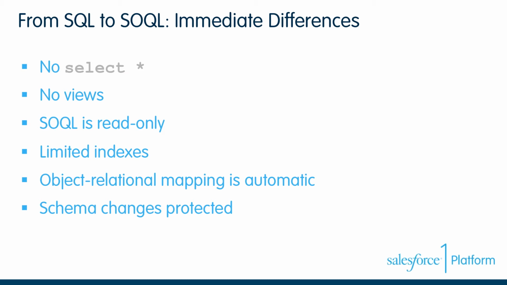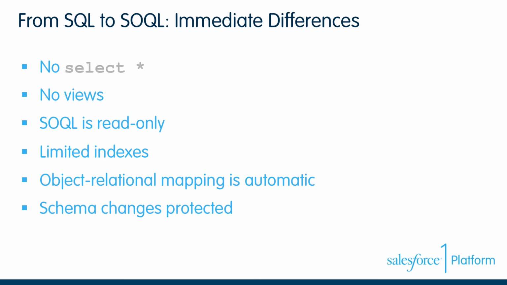Schema changes protected, what does that mean? Well, it means that if you've referenced in your code a particular field, then the system won't let you remove that field from the database. So it protects you from breaking your logic by editing the data model. In a more traditional relational database environment, you can make changes how you like, and then when some program comes along and accesses it and tries to read a particular column that you've just deleted, it will usually just return an error.